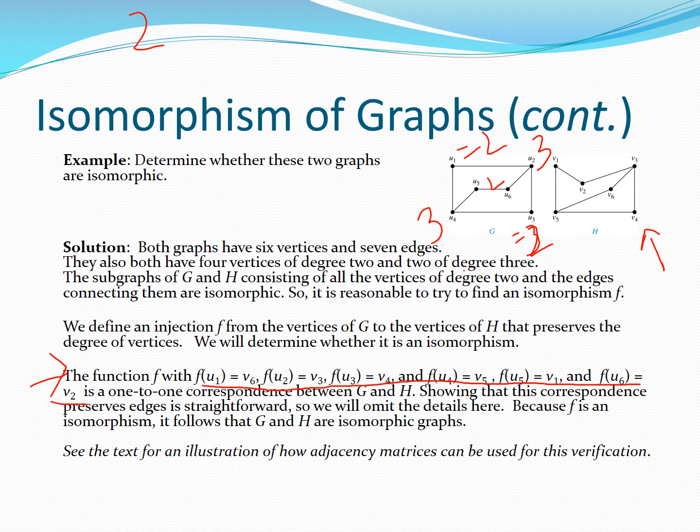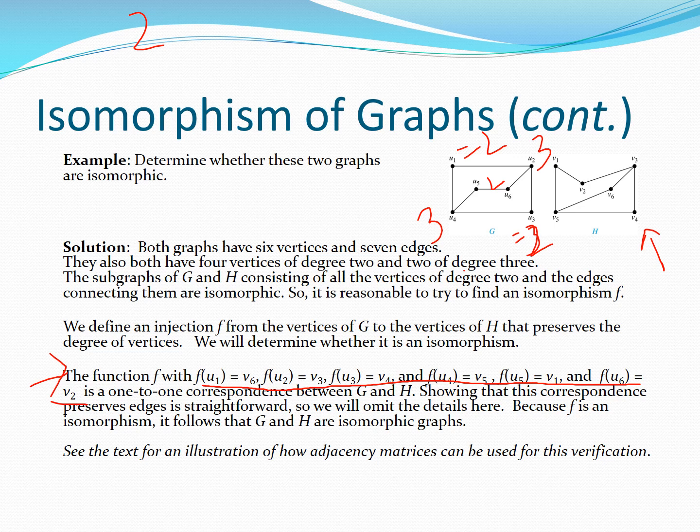As an exercise, I want you to sit down and see if the vertices correspond to one another, and also the edges connected to those vertices and the degrees of those vertices correspond to one another.